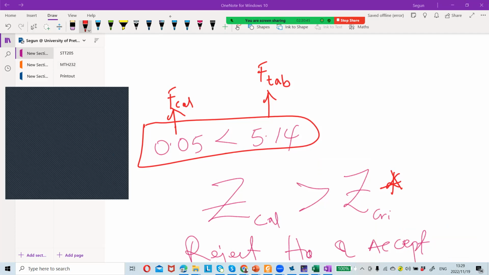Yes, sir. So what do we do at this point? We reject. Which of them do we reject? We reject the null hypothesis. Is that the summary we did? Yes, sir. And which one do we accept? Alternative.